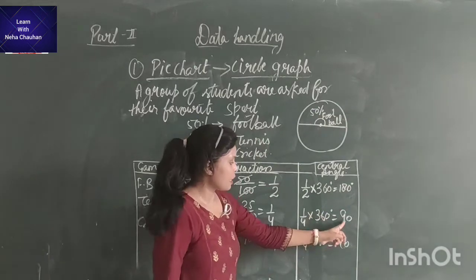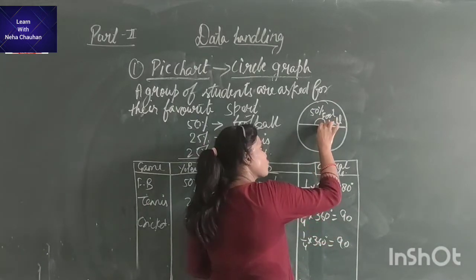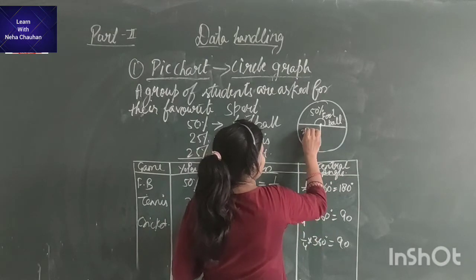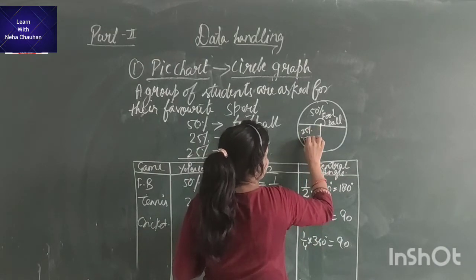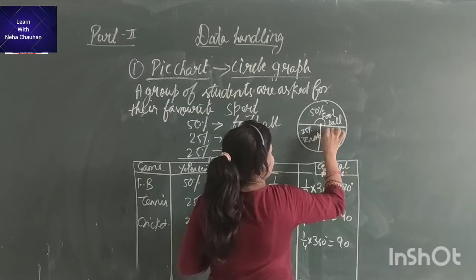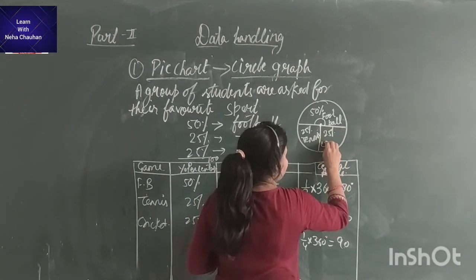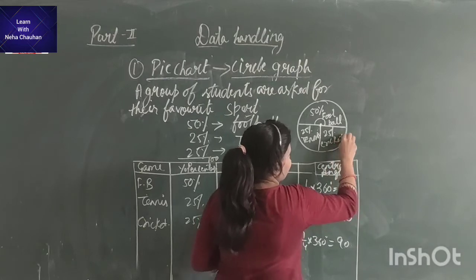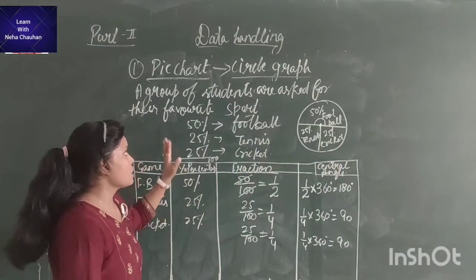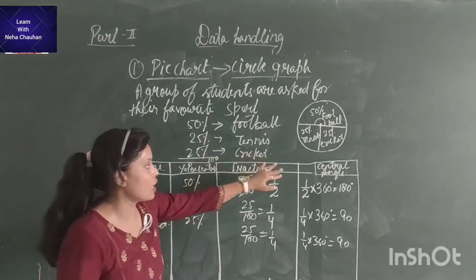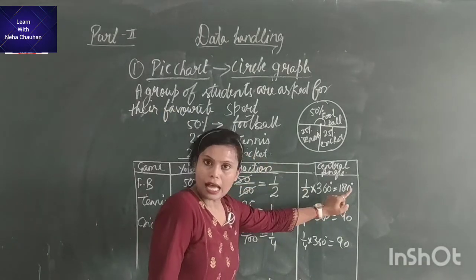The next angle is 90 degrees, so we will construct the 90 degree angle. This will represent 25%, that is tennis, and this also represents 25%, that will be cricket. So this is how to represent data in a pie chart and find the angle.